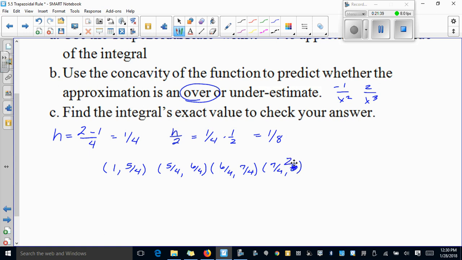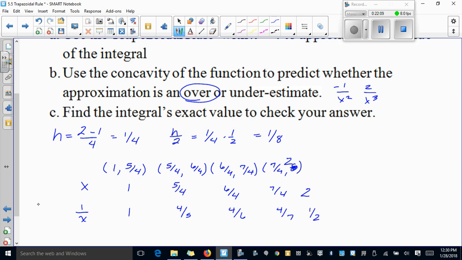So my x values I'm going to be testing are 1, 5 over 4, 6 over 4, 7 over 4, and 2. And I want 1 over x. So guess what we're going to do on all of these? We're flipping them over. 1, 4 over 5, 4 over 6, 4 over 7, and 1/2.